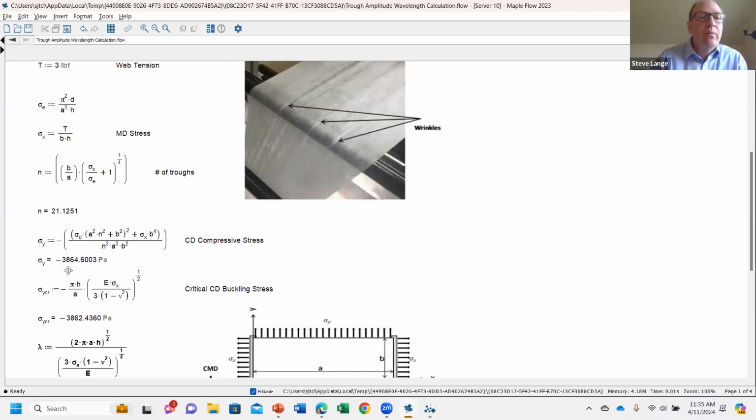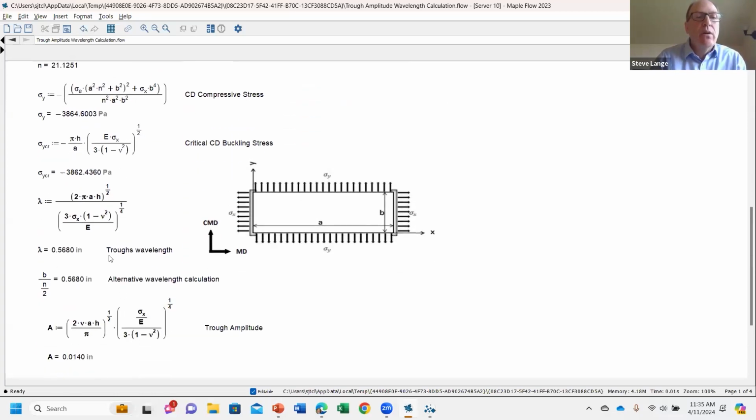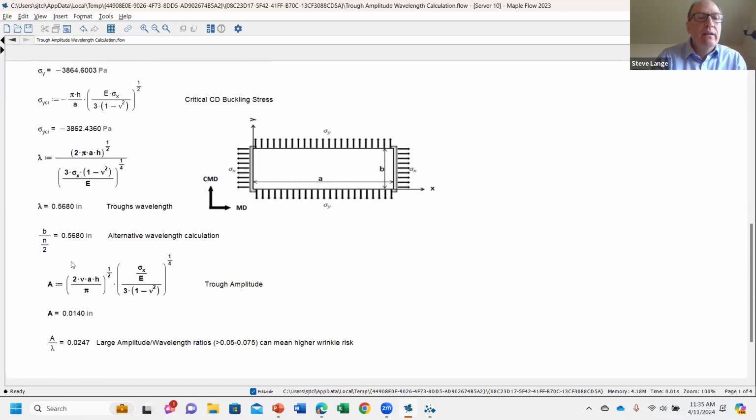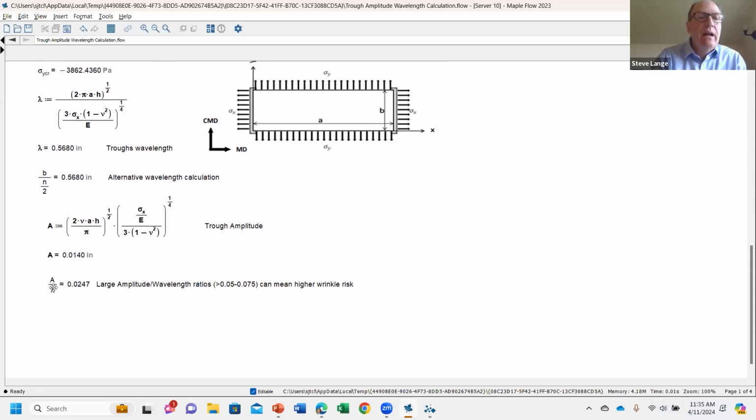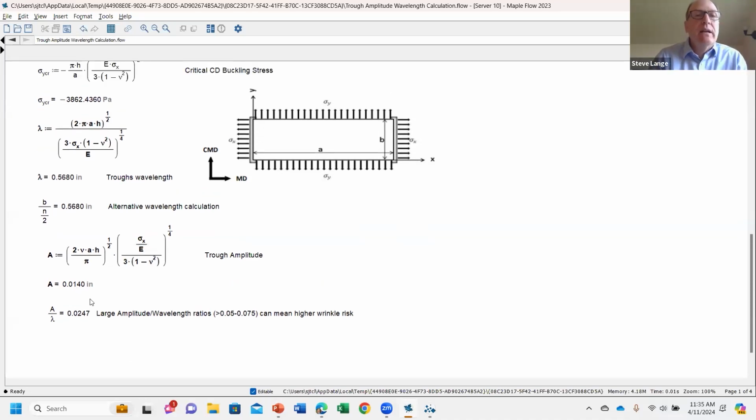And in this example, it is just above the critical buckling stress. Then the equations for wavelength and amplitude can be calculated. And this is about a half inch wavelength and not a very high amplitude. So when we do this amplitude to wavelength ratio, it's below the 0.05 that typically would be a warning flag. So in this example, not too bad.